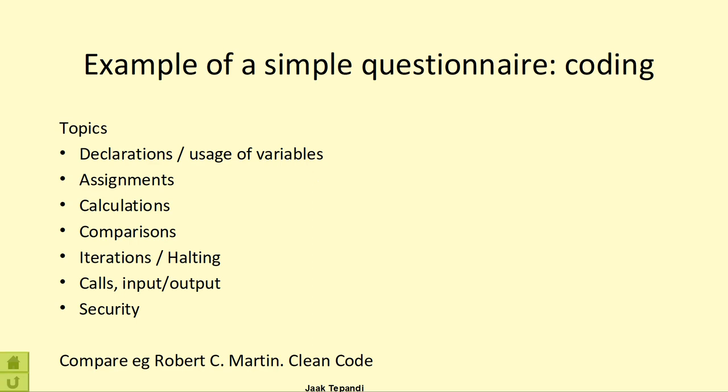As an example of a simple questionnaire, in this course we have a look at the coding questionnaire with questions concerning declarations and usage of variables, different errors possible in assignments, in calculations, in comparisons, iterations, calls, input-output, and security.